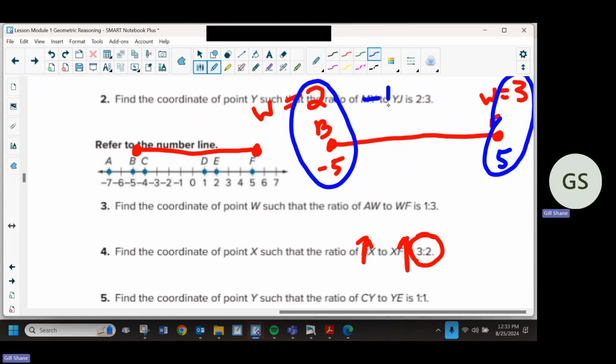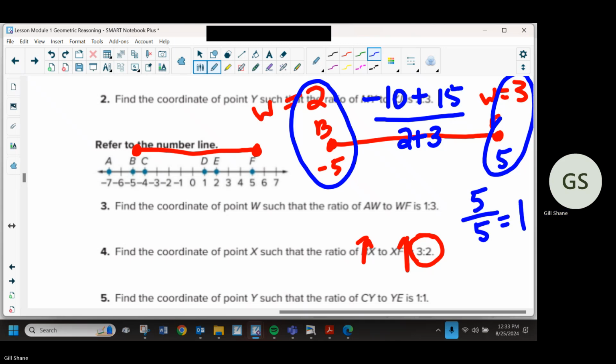Doing the math, that is -10 plus 15. I would then divide by the weights added together, 2 plus 3. So that would be +5 divided by 5. 1 would be my answer.